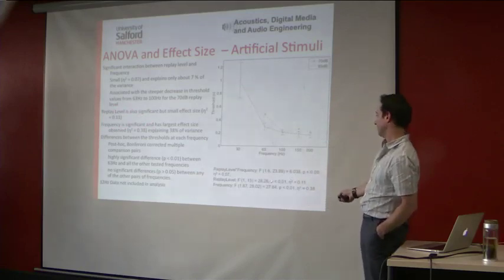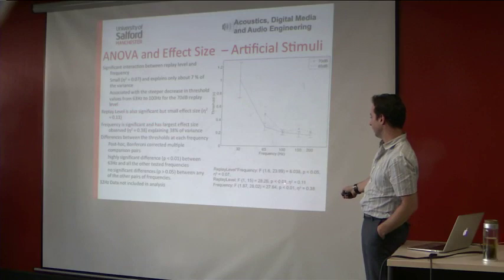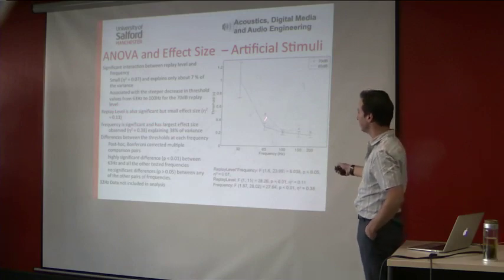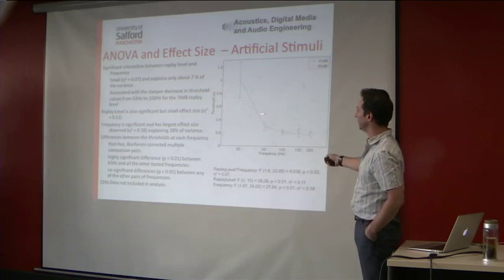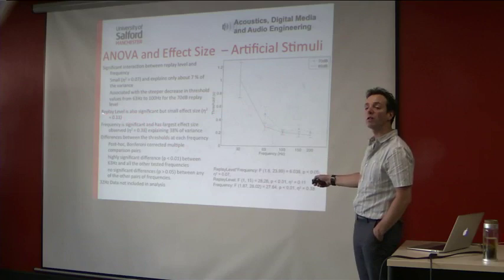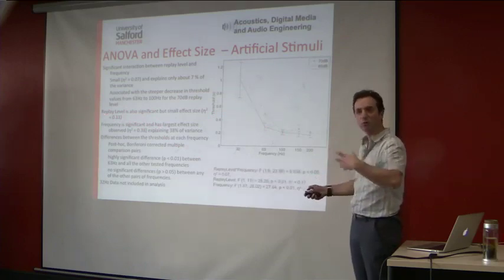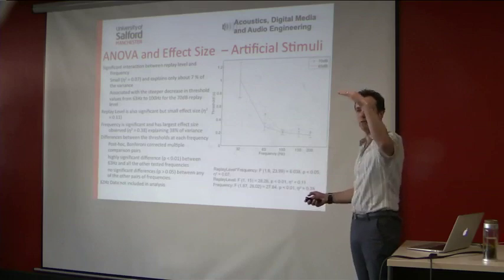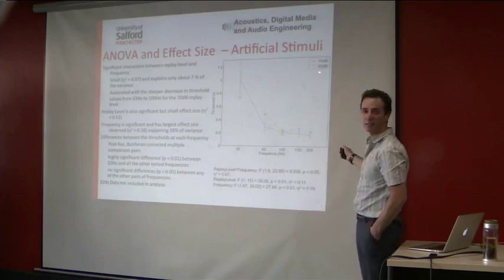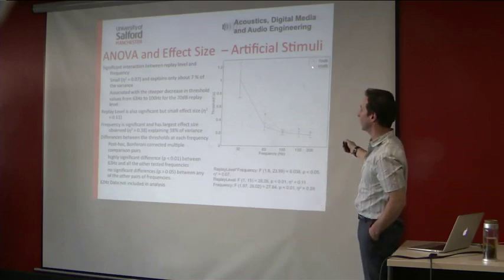It's got a probability below 0.01, so we know that replay level is different and excites different modal thresholds, but it has a very small effect size, which means it's not a very important aspect. But people still perceive thresholds differently depending on whether you present it at a very quiet level or a loud level.